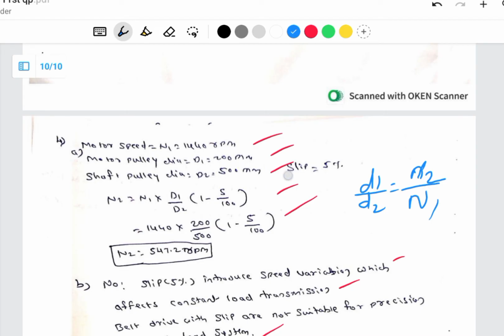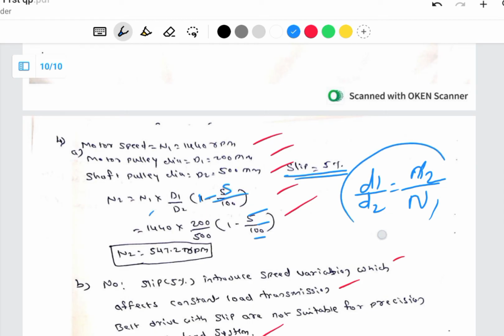Here you have to substitute the values, and if you are considering slip of 5%, then the formula will be 1 minus s divided by 100. Here 5% slip means 5 divided by 100, so you are doing 1 minus 5 divided by 100, and you substitute n1.